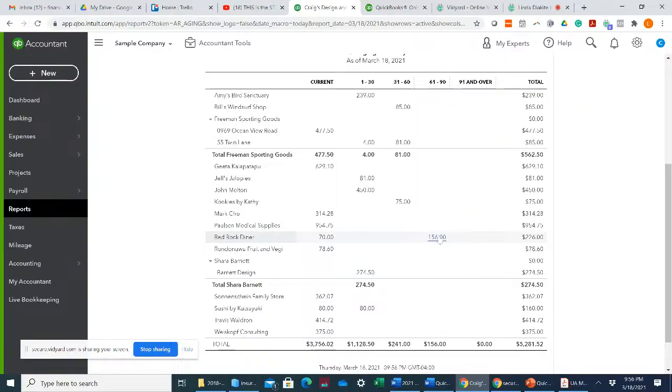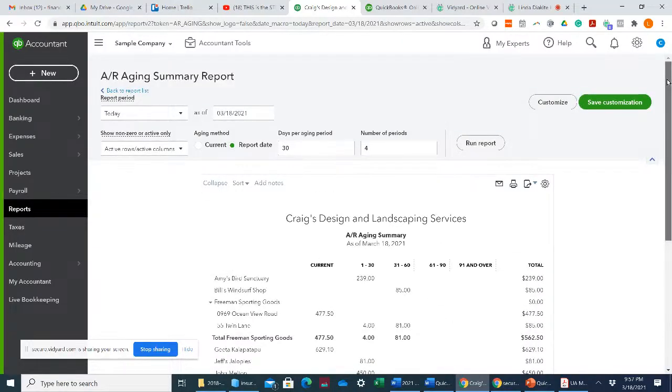This is where you would say, okay, I need to contact that vendor, I'm sorry, contact that customer and see what's going on. This is how you use this report to say, okay, number one, how much cash should I be expecting? Who's overdue? Who's outstanding? Who do I need to contact? So anyone probably in these two brackets, over 31 days to 60, 61 days, and so on. So that's how you use this report.